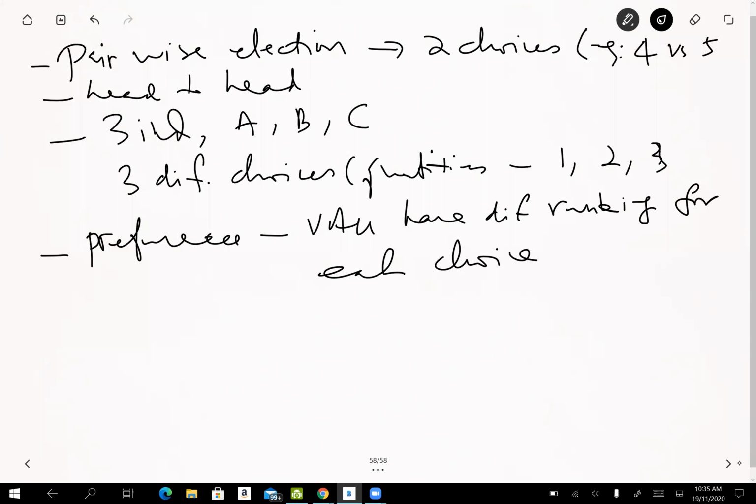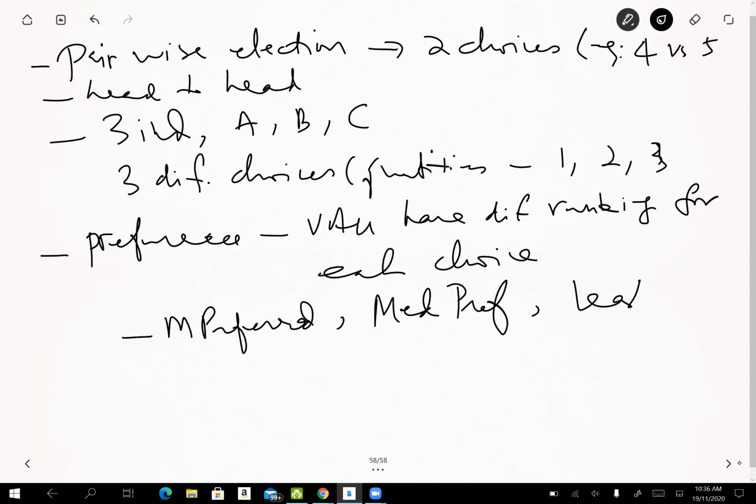So let's say you have the ranking, ordinal: most preferred, medium preferred, and then least preferred. So we can only rank their preference as most preferred, moderately preferred, or least preferred. So you're going to rank, for each of the voters, the different quantities.